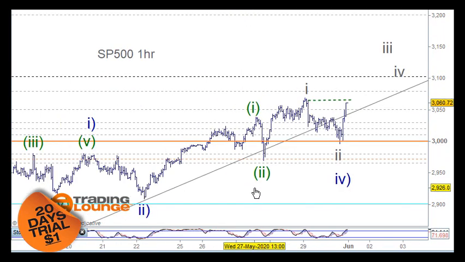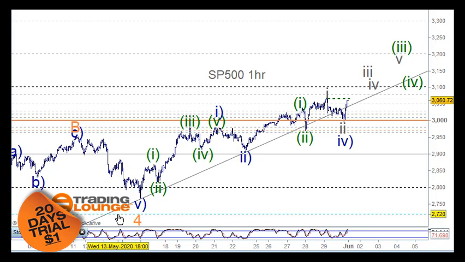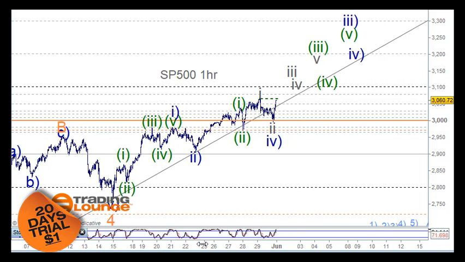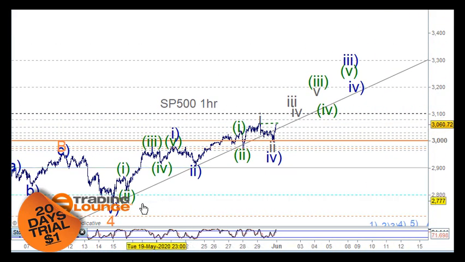The more bullish count that we have on the hourly chart here still has wave 4 down here, but is looking for a larger 5th wave to the upside. So we've got wave 1 here and 2 here, and this is all part of a 3rd wave moving up here, and then a 4th and then a 5th that will take us higher at that point.